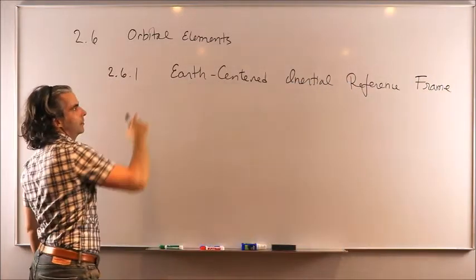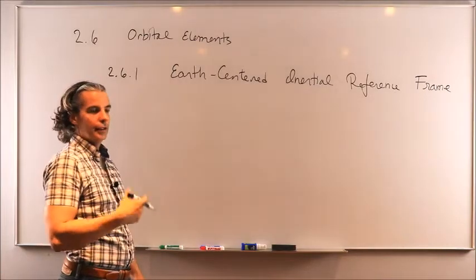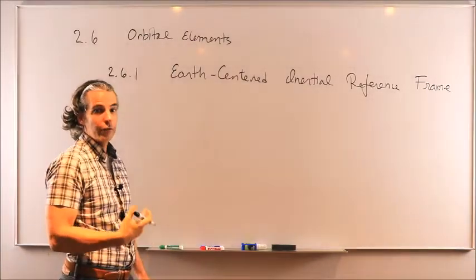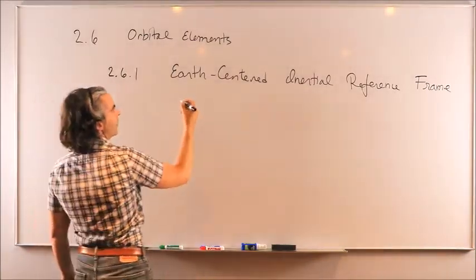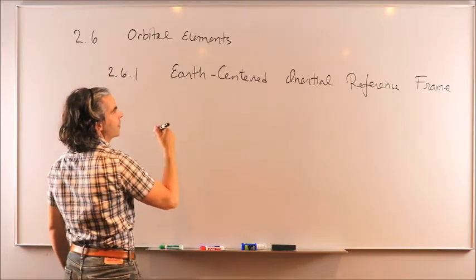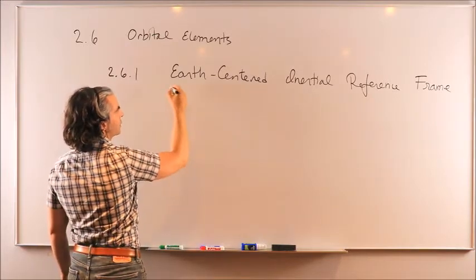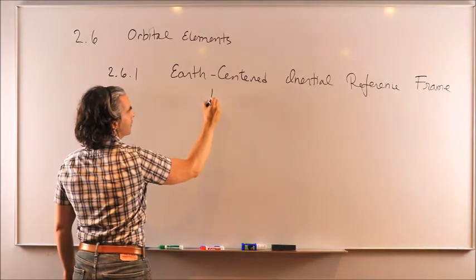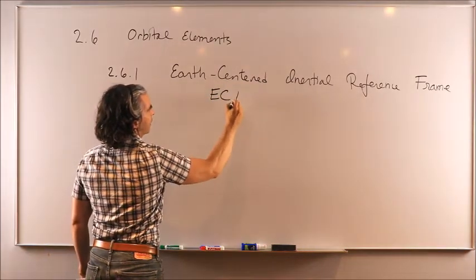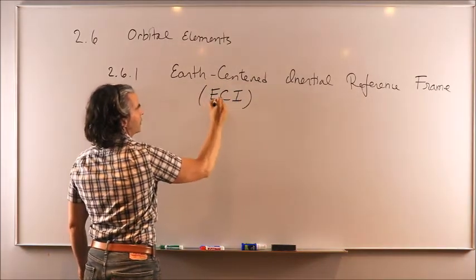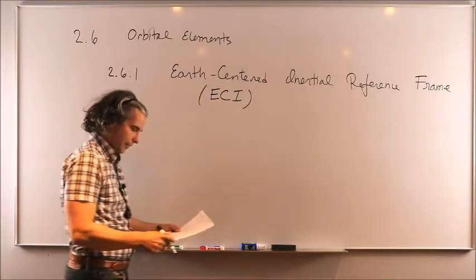This reference frame is going to be used tremendously in this course and in the follow-up course, Aero 4540. Because it is such a common reference frame in spacecraft applications, it actually has an acronym, which is ECI, Earth-Centered Inertial Reference Frame.